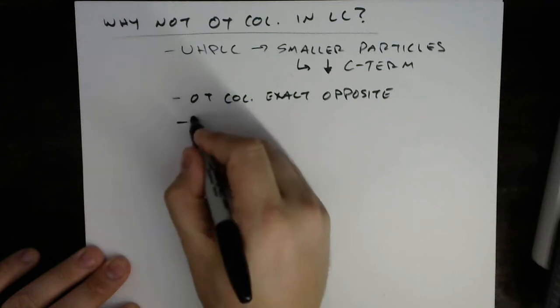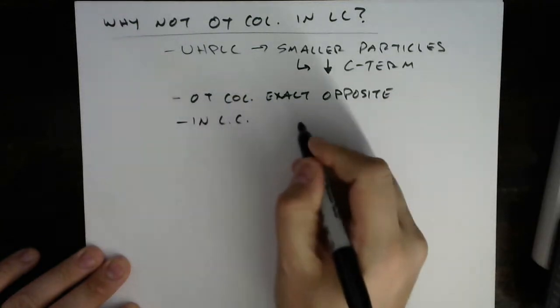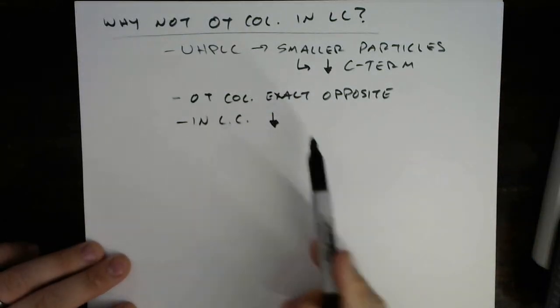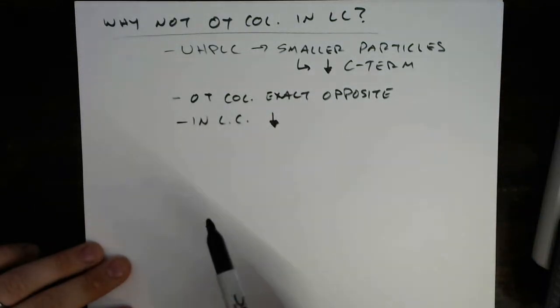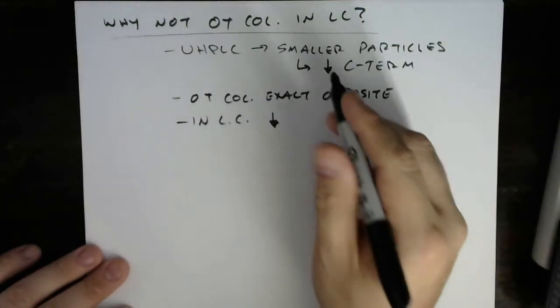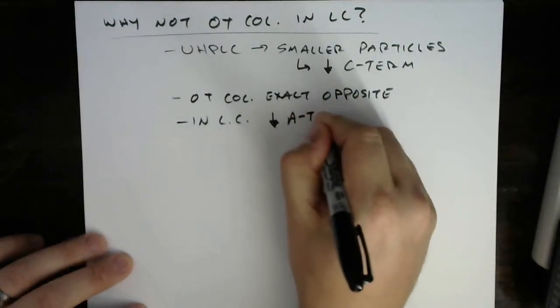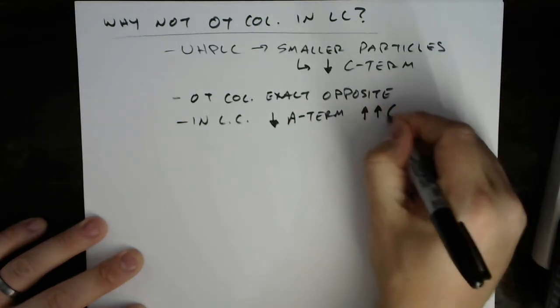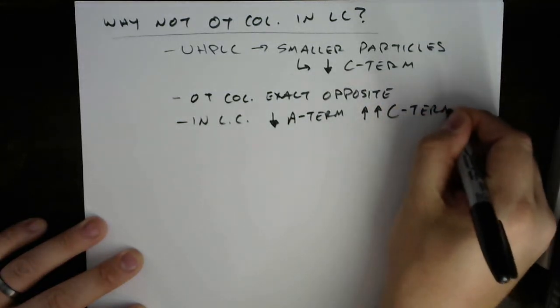And in LC, if we were to use, and people have, by the way, there's literature on open tubular LC all over the place, but if you use open tubular to reduce your A term, you end up paying a big, big cost in terms of your C term in the Van Deemter equation.